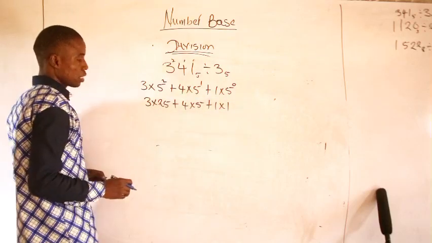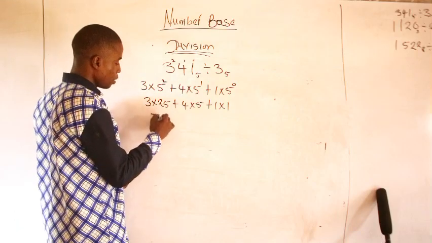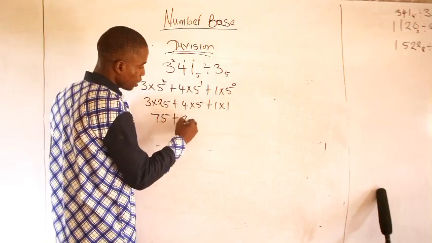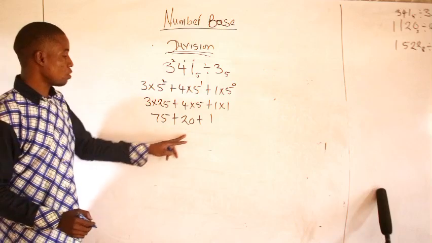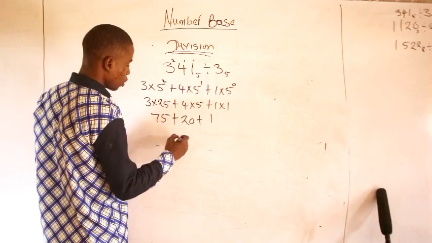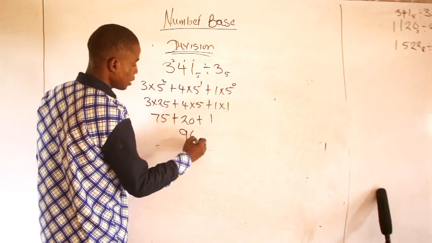What is the answer? 75, plus 20, plus 1. Now, add all of them together. This one is 96. And this is base 10.